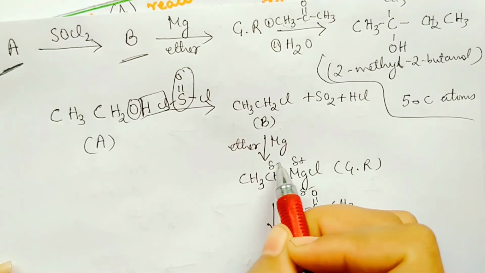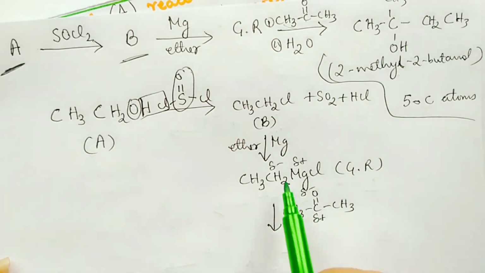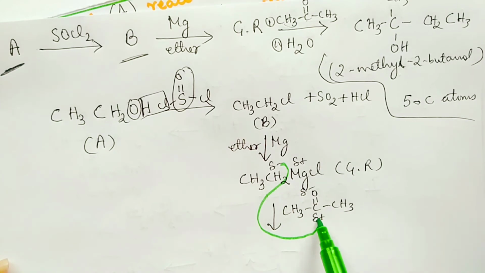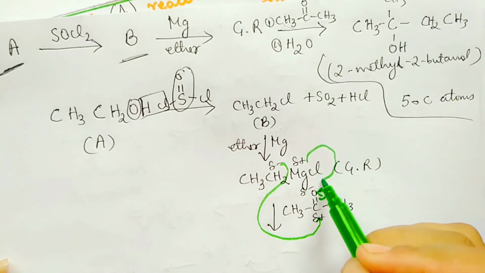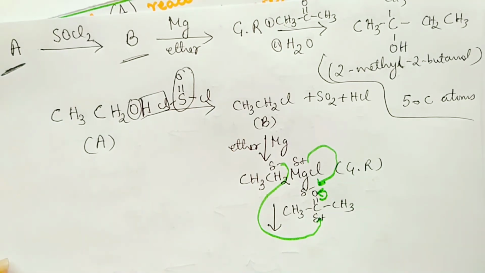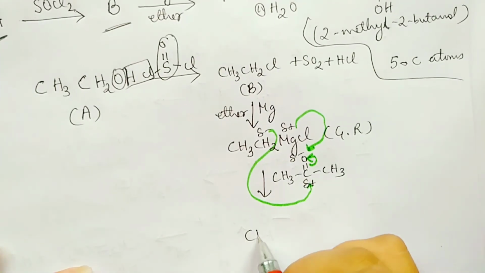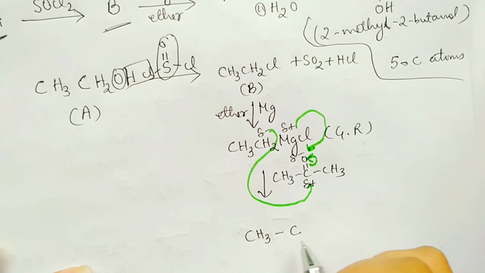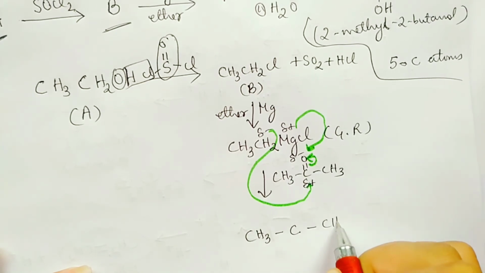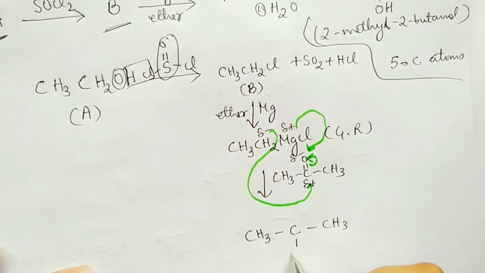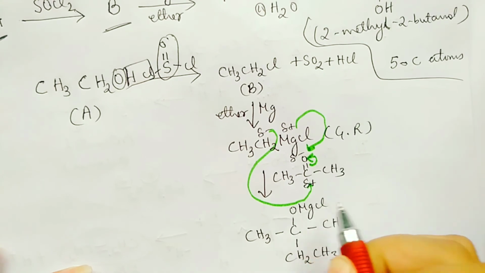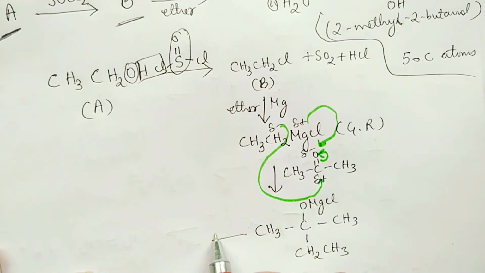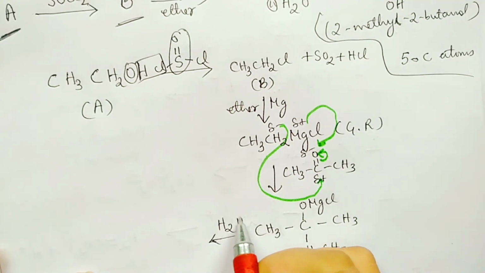The negative attacks the partial positive carbon, and so these 2 electrons come here, these come here. So now what do we have? CH3, C, CH3. Here we have CH2, CH3, and here we have OMgCl. Next you follow the second step, which is the hydrolysis.